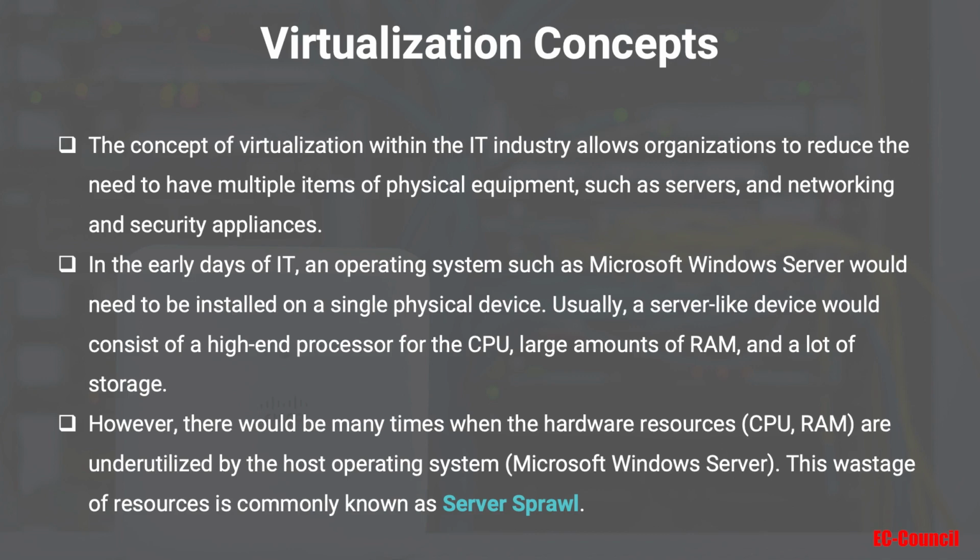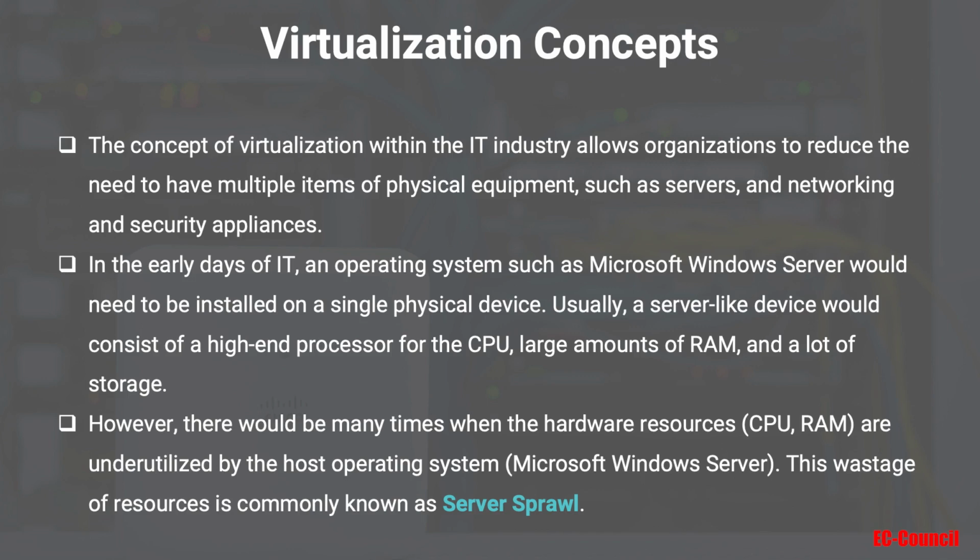In the early days of IT, an operating system such as, let's say, Microsoft Windows Server would need to be installed on a single physical device. Usually, a server-like device would consist of a high-end processor such as a really good CPU, large amounts of RAM, and even lots of storage.